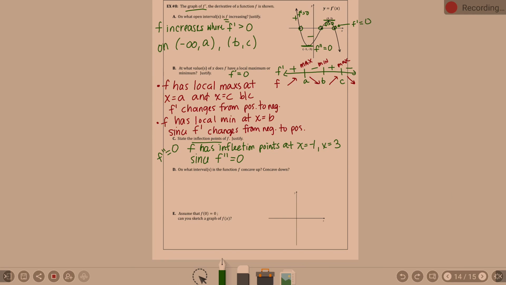Concave up and concave down. Well, A to B is concave up, B to C is concave down. But that's on the derivative. We've got to talk second derivative here. From -1 to 3 are my points. To the left of -1, what is my second derivative? What is the slope doing?